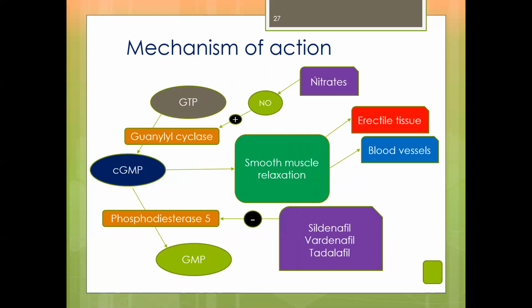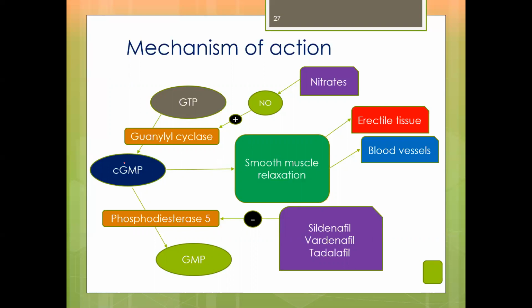Okay, you get nitric oxide, NO, from nitrates, and NO will act on the guanylyl cyclase, and guanylyl cyclase converts GTP, triphosphate, to cGMP, and cGMP will cause smooth muscle relaxation. Okay, so it will cause relaxation in the muscles, including the erectile tissue, and also the blood vessels.